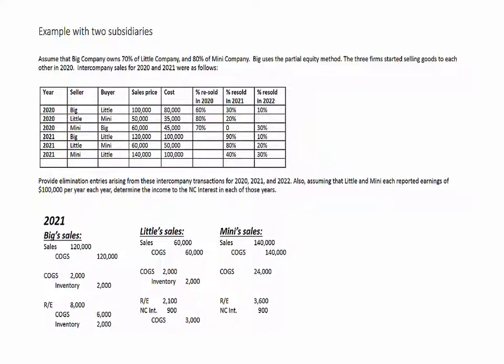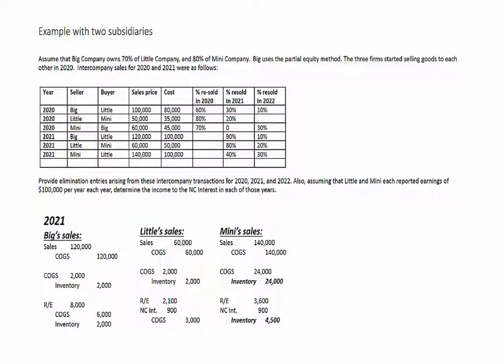Okay, we have to do the exact same thing for Mini's sales. Now looking at Little's sales, there's only one group of deferred gross profit being carried forward from that second entry. In the case of Mini, however, we're carrying forward two batches, or two layers, of unrealized gross profit. That first one is for $24,000.